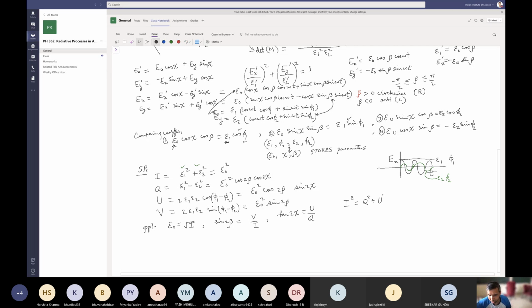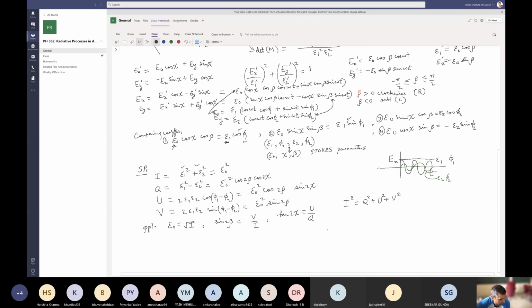So this is the total intensity. This is the fourth relation. So you have four equations, but they are not independent. If you combine them, this is the fourth relation that you get. That's why you only have 3 real unknowns, even though you have 4 equations and 4 known quantities.